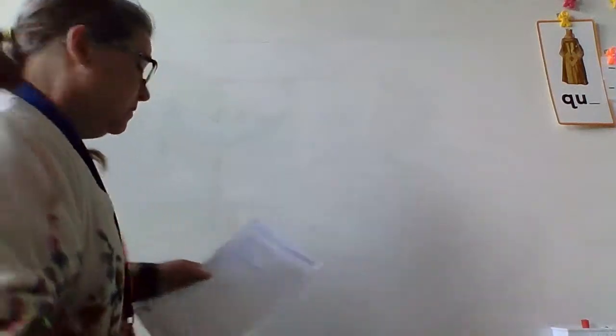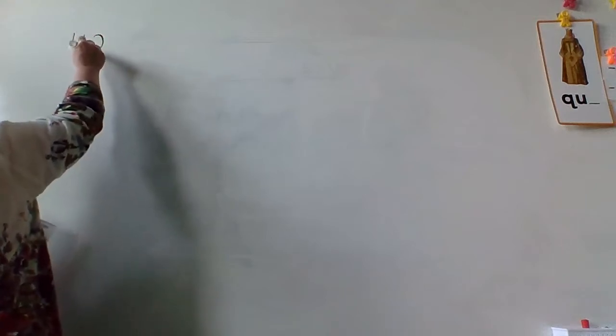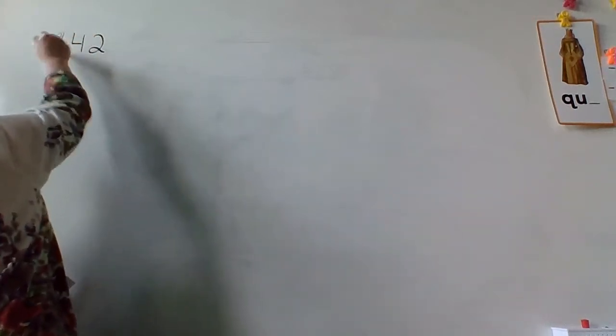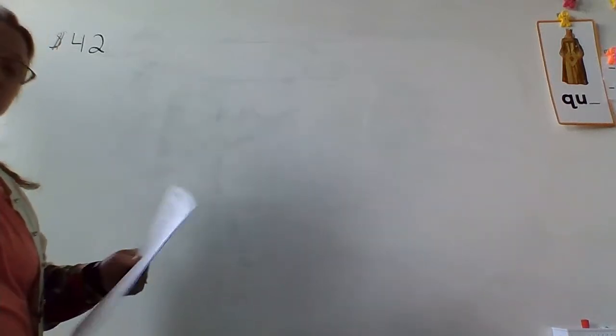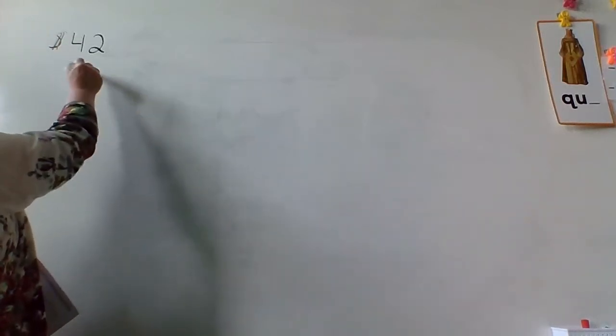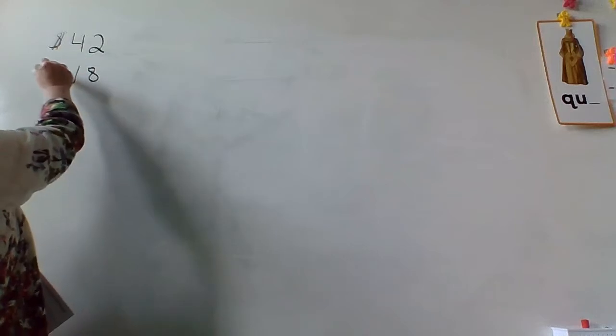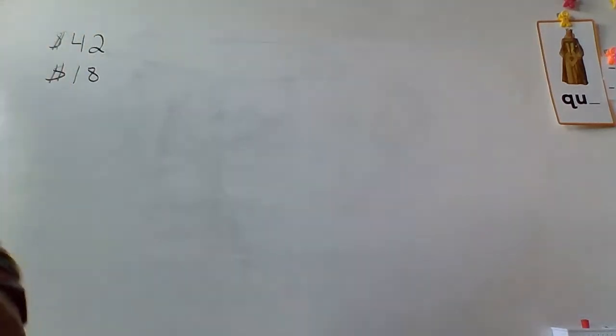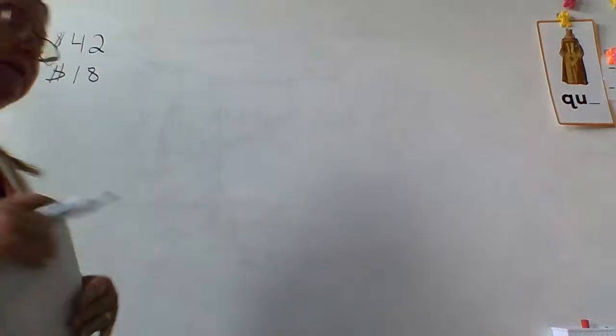Okay, well, we know she started with 42. Okay, she had $42. She spent $18. Okay, well, if she spent $18, does that mean somebody gave it to her or that she gave it away? Yeah, she spent it. She had to give it to somebody.